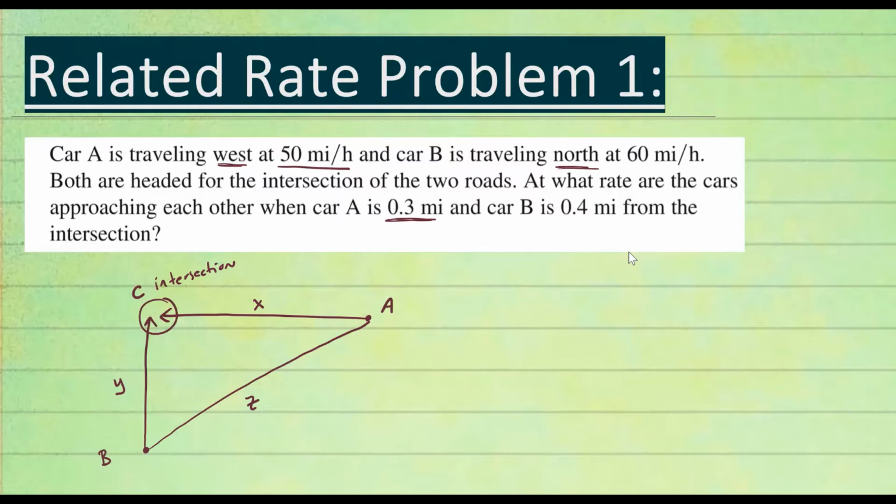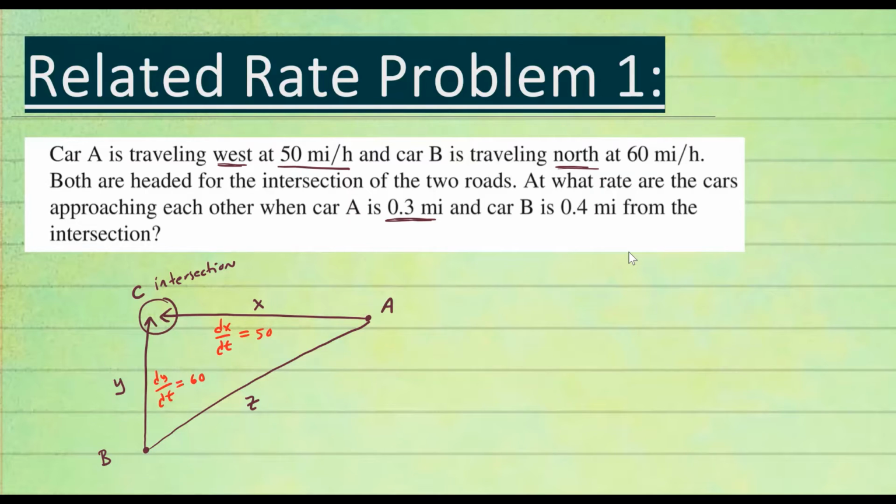We're given that the rate at which A is traveling, dx/dt, is 50 miles per hour, and the rate at which B is traveling, dy/dt, is 60.